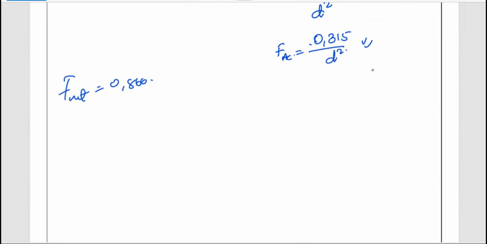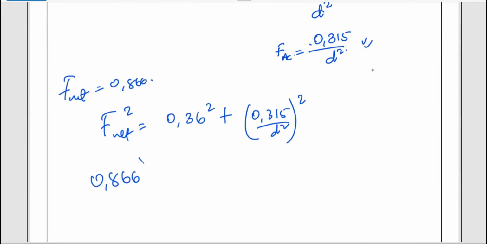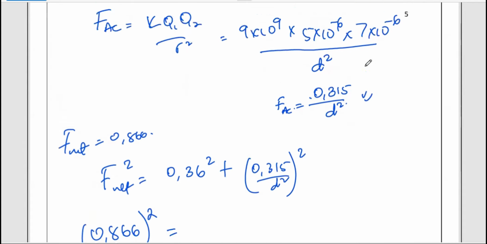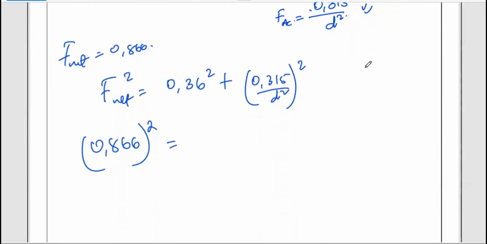So we're saying that our F net squared should be the 0.36 squared plus the 0.315 over d squared, all squared. Meaning that if we have the 0.866, we square this.